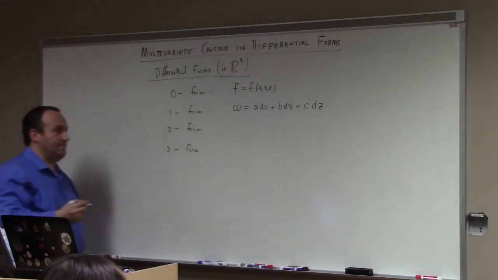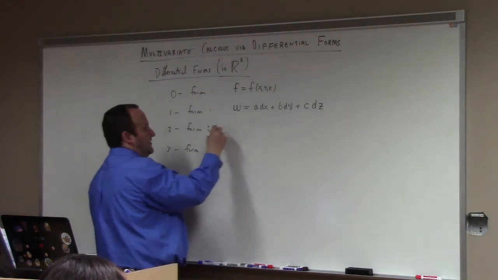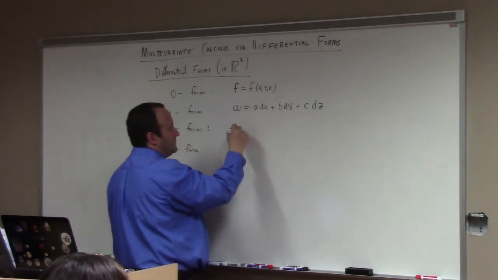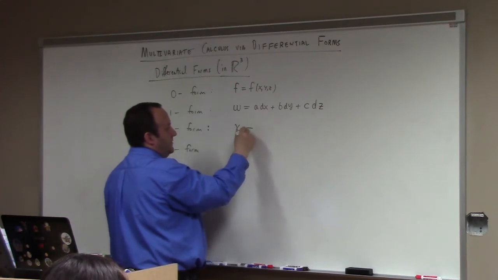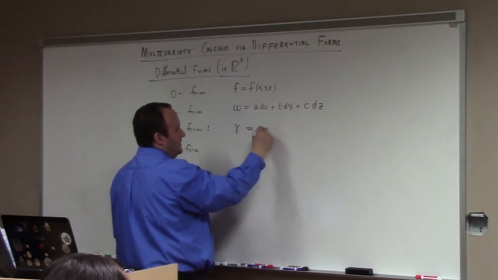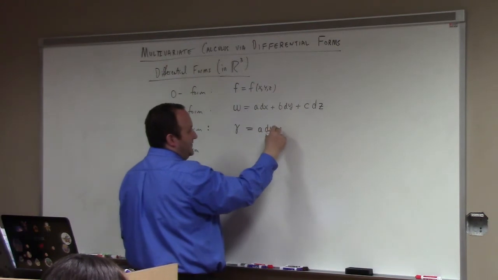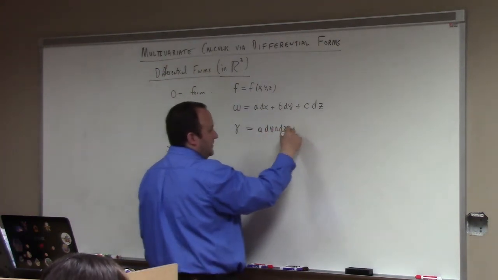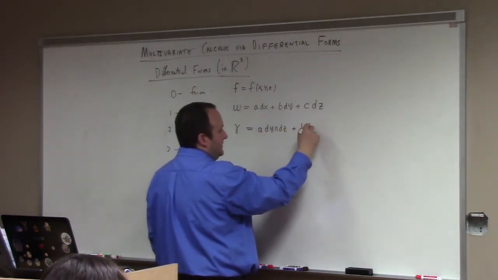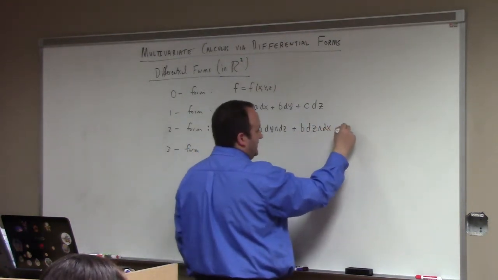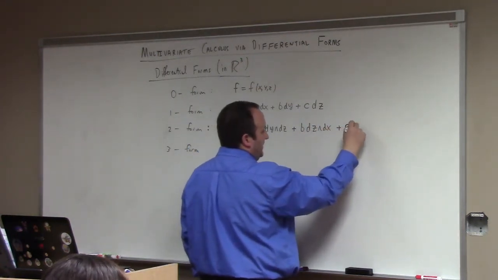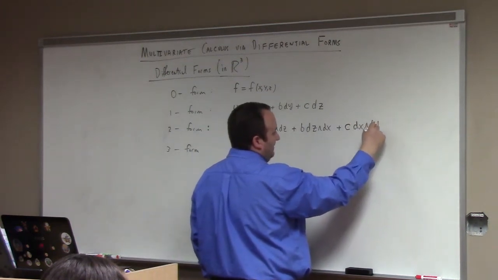A 2 form would be something like, let's say gamma equals a dy wedge dz plus b dz wedge dx plus c dx wedge dy.